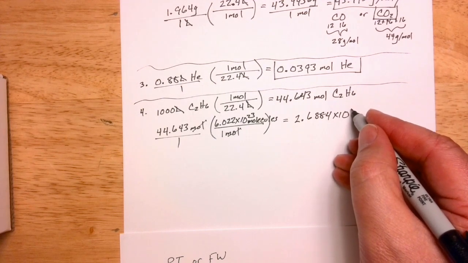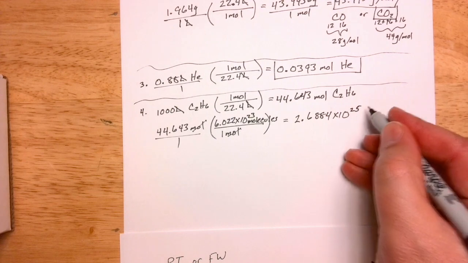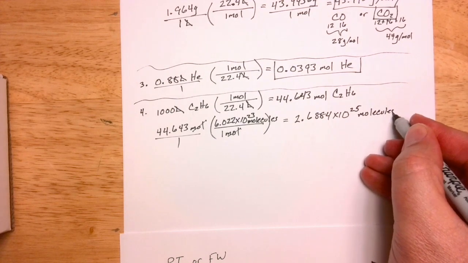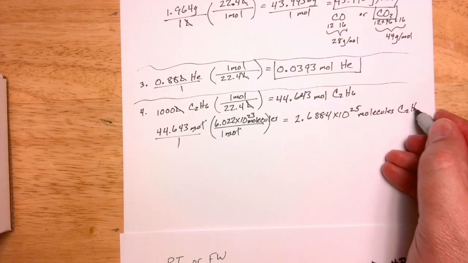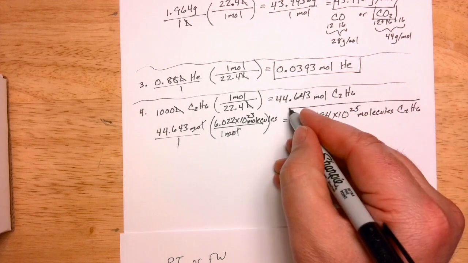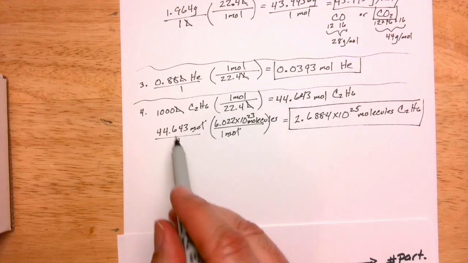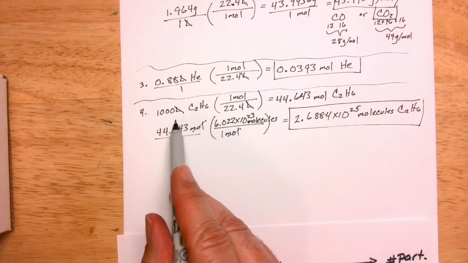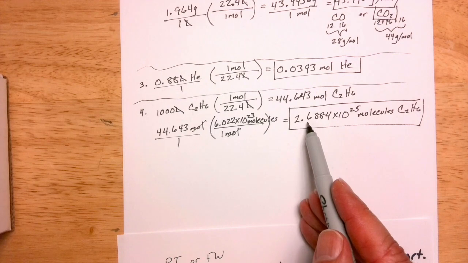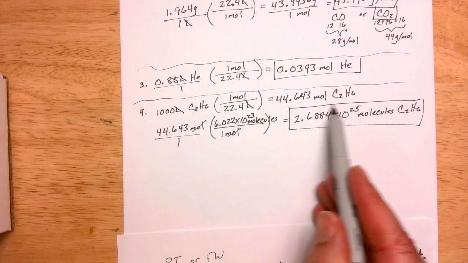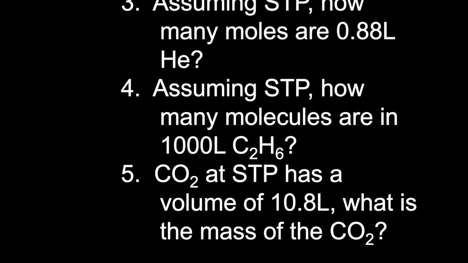Now make sure if you put it in correctly, it should be to the 25th molecules, C2H6. So that's your answer for that part. So if you have 1,000 liters of ethane, we've figured out how many molecules of ethane and even how many moles of ethane.